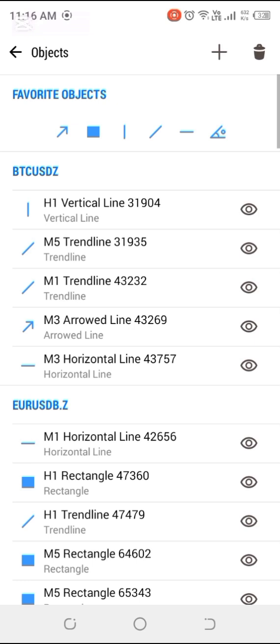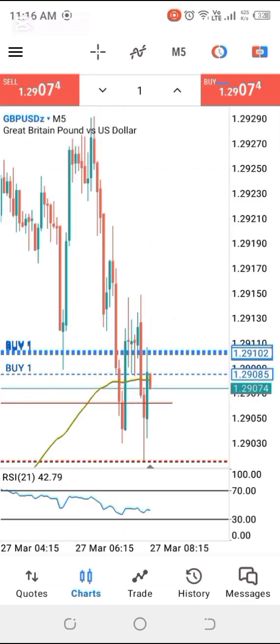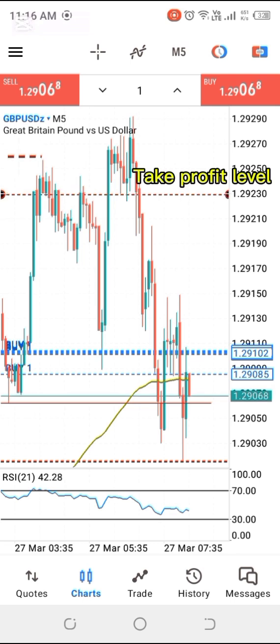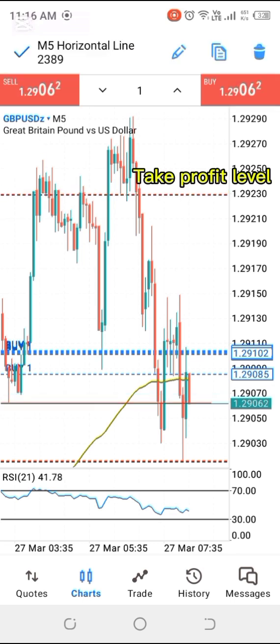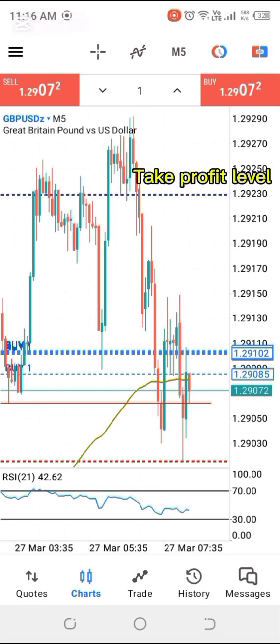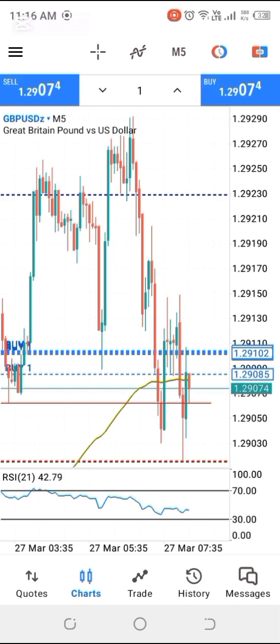So you can see the setup. It's the same on all the trades that I've taken in this video. The same setups. So this is my take profit level. So I'm setting my take profit level.